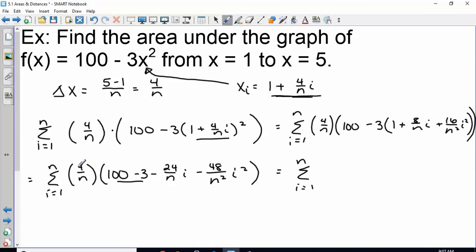So 97 times 4, 388 over n, minus 4 over n times 24 over n, negative 96 over n squared i, minus 4 times 48, 192, is that right?